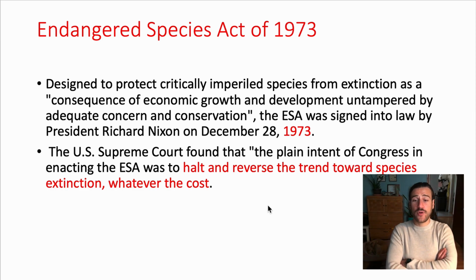The U.S. Supreme Court found that the plain intent of Congress in enacting the Endangered Species Act was to halt and reverse the trend towards species extinction at whatever cost. So, success story there. DDT was banned, and people start to understand these species interactions and how humans interact with their environment.